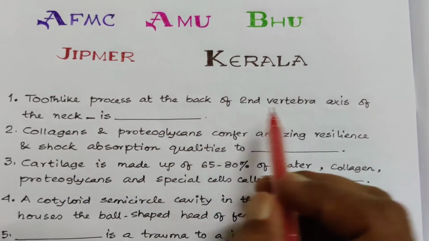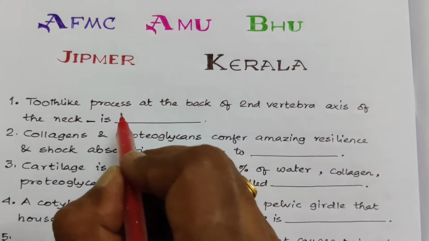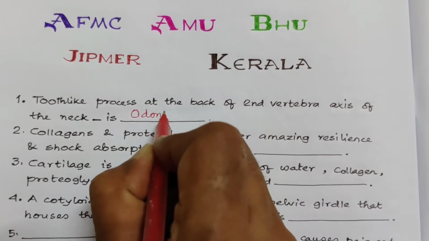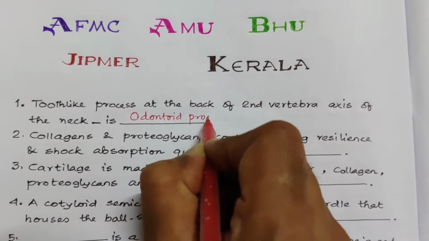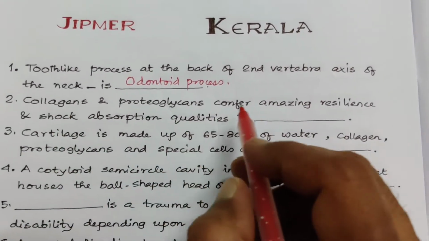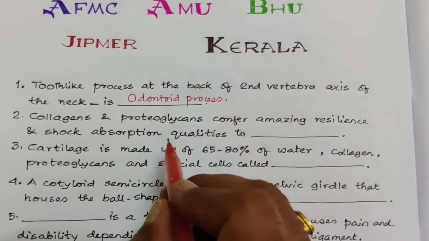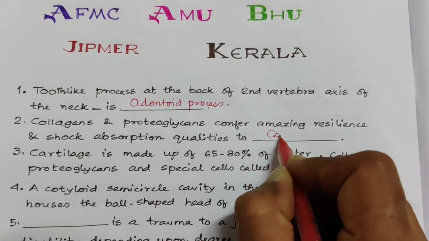So we start doing. The tooth-like process at the back of the second vertebra, the axis of the neck, is odontoid process. Collagens and proteoglycans confer amazing resilience and shock absorption qualities to cartilage.